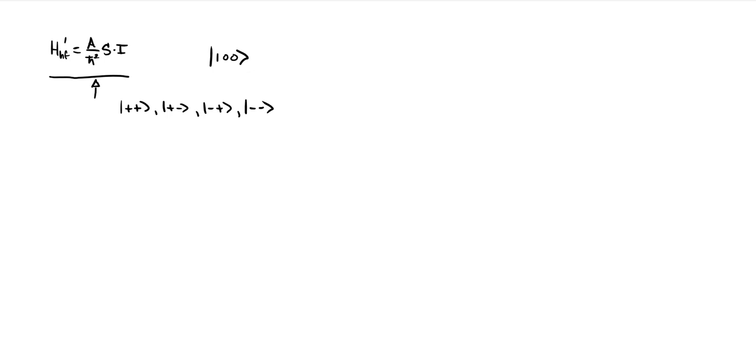And in that basis, we were able to figure out what this Hamiltonian was and diagonalize it. We saw that the four degenerate states, after we include the effect of that perturbation, looked like this.